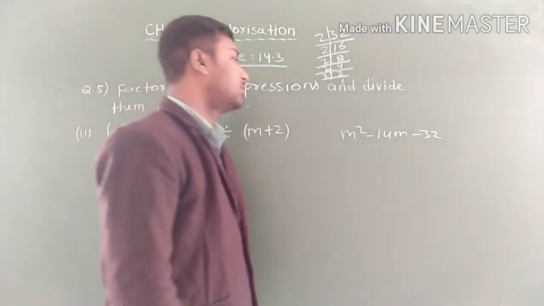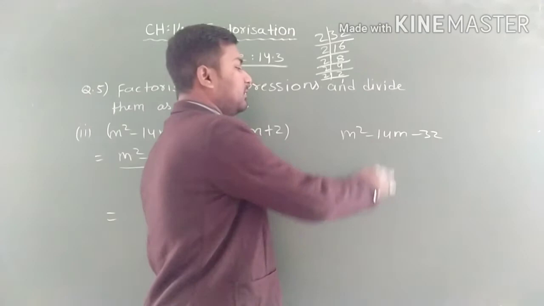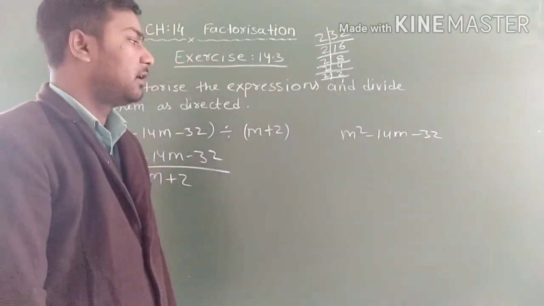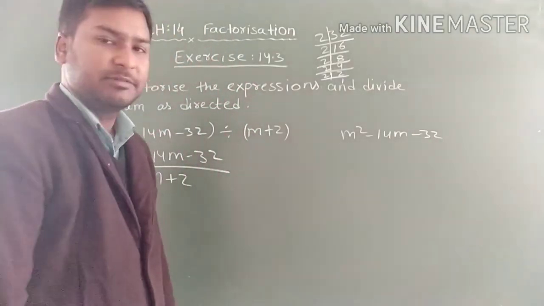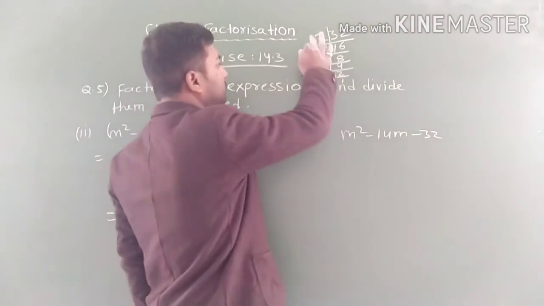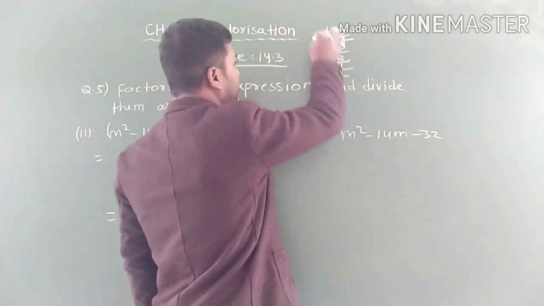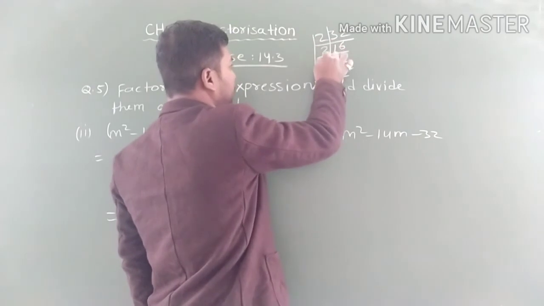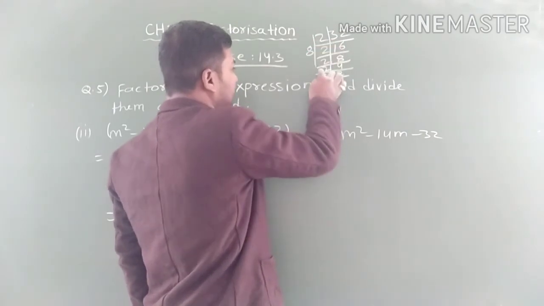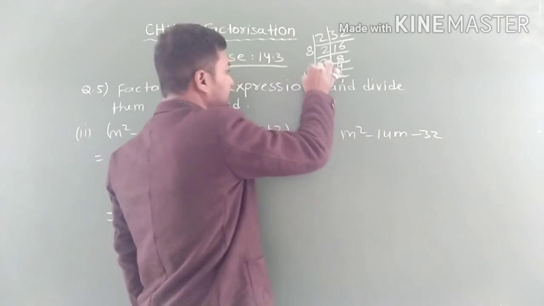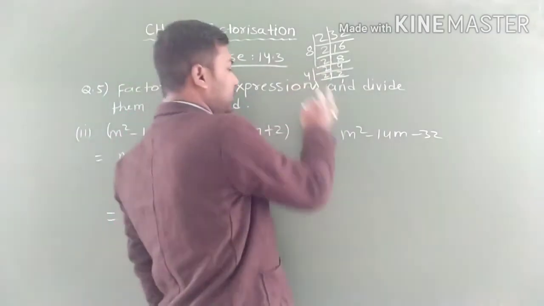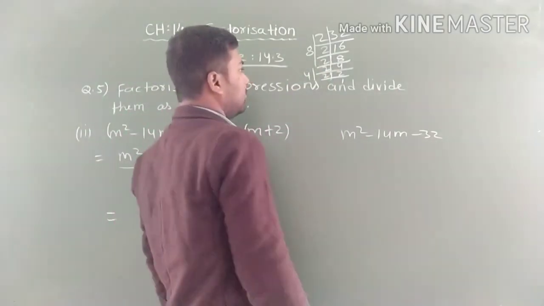Okay, so we have to find 14 as addition and subtraction. So 2 twos are 4, 4 twos are 8, and 2 twos are 4. So 8 is the first number, and 4 is the second number. Now 8 plus 4, that is 12.